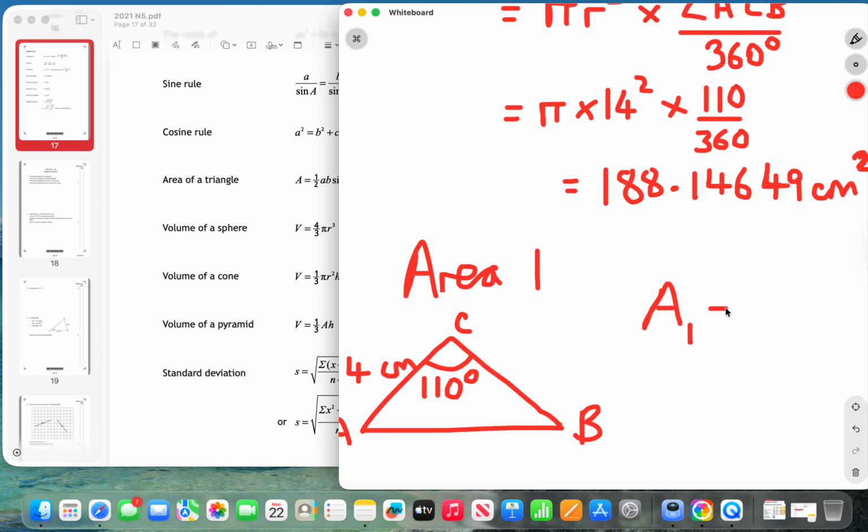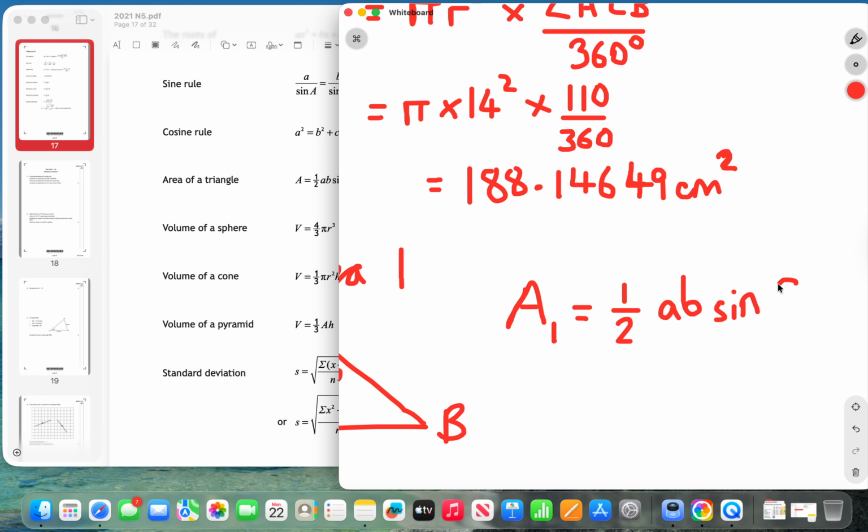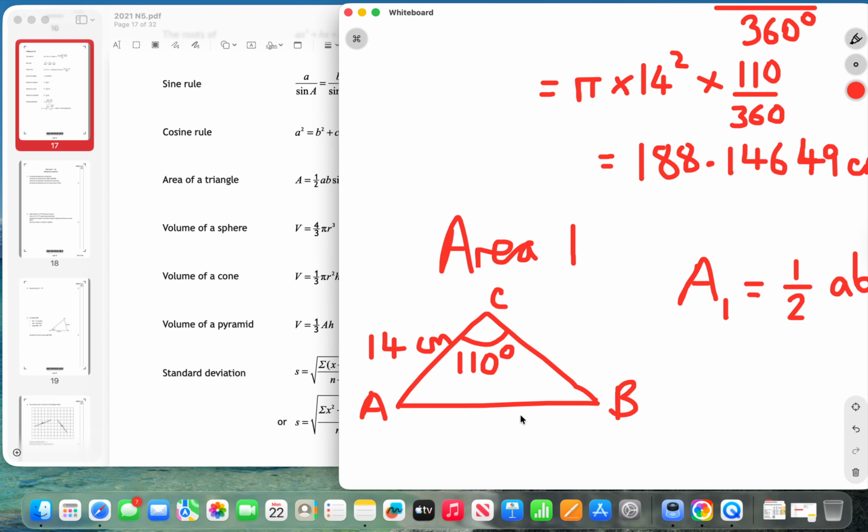So the area 1 equals 1/2 ab sine C. We have small a, small b, sine of capital C. Now, small a and small b are the sides opposite the angles denoted by the capital. So capital A is opposite the side small a, and B is the same.